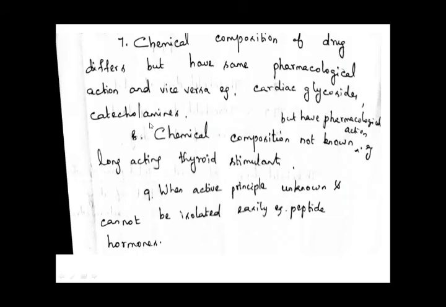Then the chemical composition is not known, but it has pharmacological activity, like long-acting thyroid stimulant. If we know the chemical constituents only, then only we can go for chemical assays. And finally, the active principle cannot be isolated. Example is peptide hormone. In that condition, we will be going for doing the bioassay.